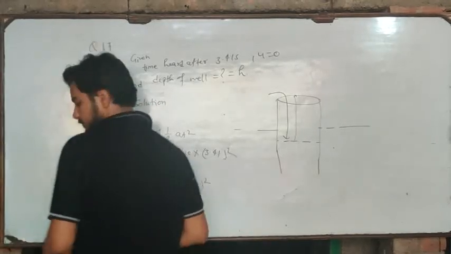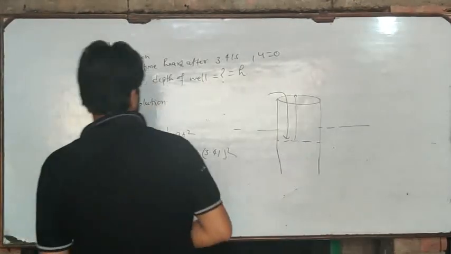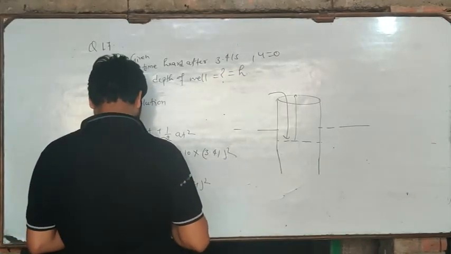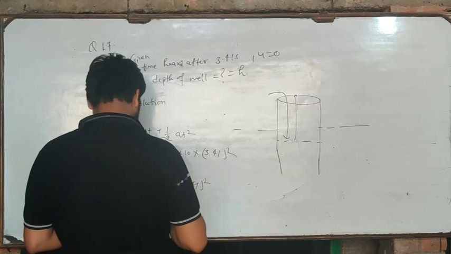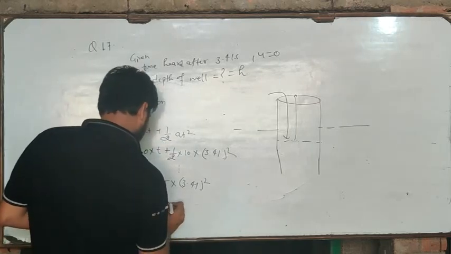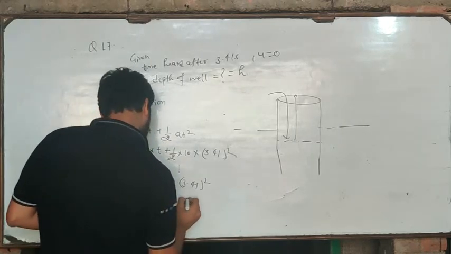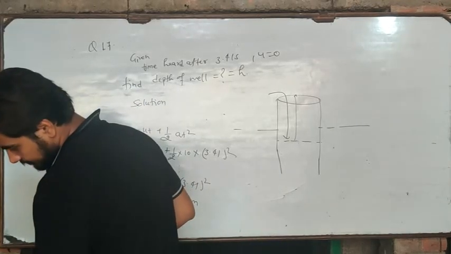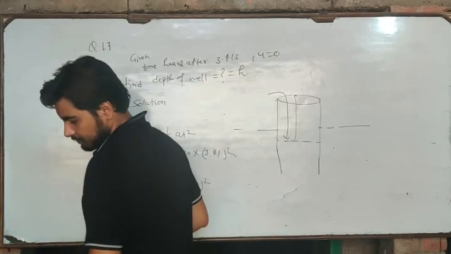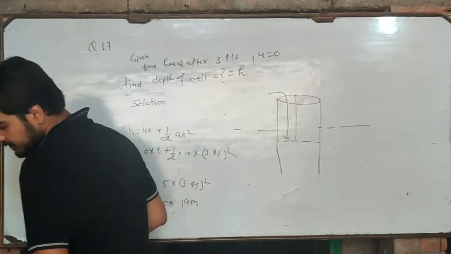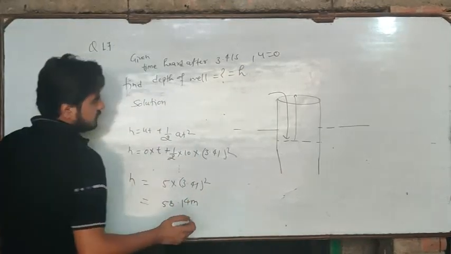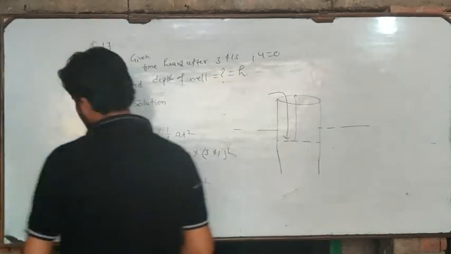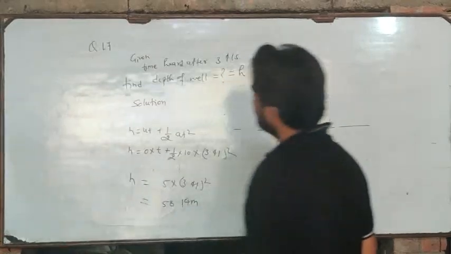That is 3.41 into 3.41 into 5, which is 58.14 meter. Here the answer is 57 meter. This is about the same. Now write down this.